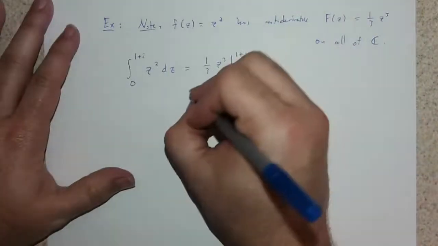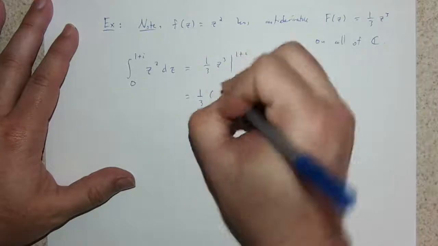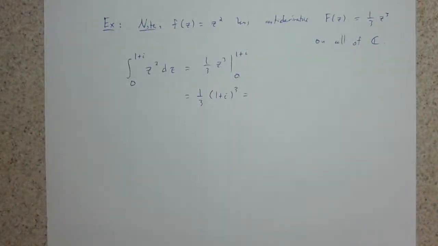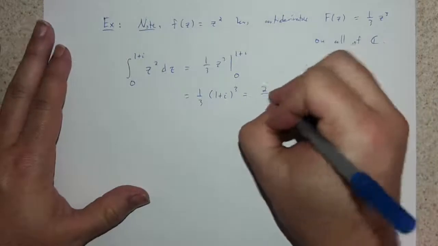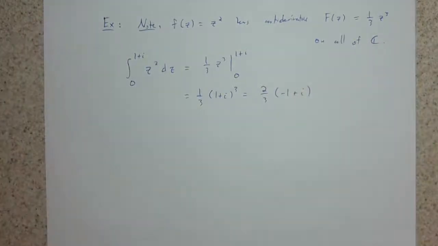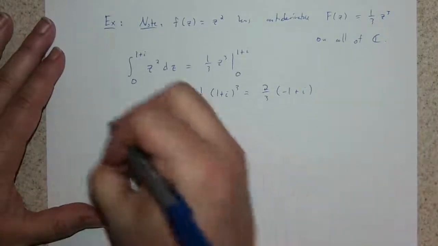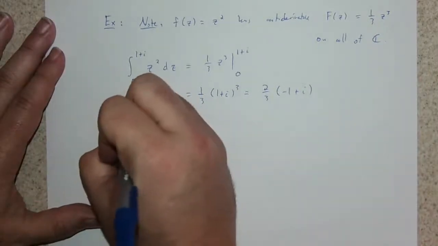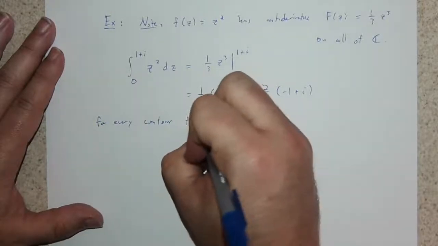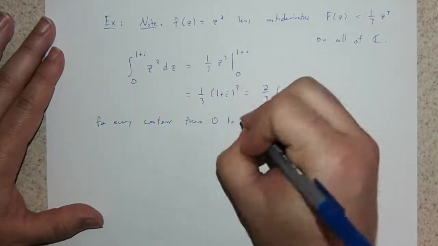And so this is 1/3 times 1 plus i cubed, which I can simplify to being 2/3 times minus 1 plus i. And this is true for every contour from 0 to 1 plus i.